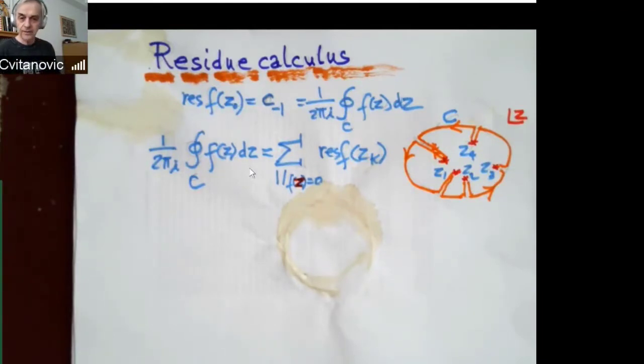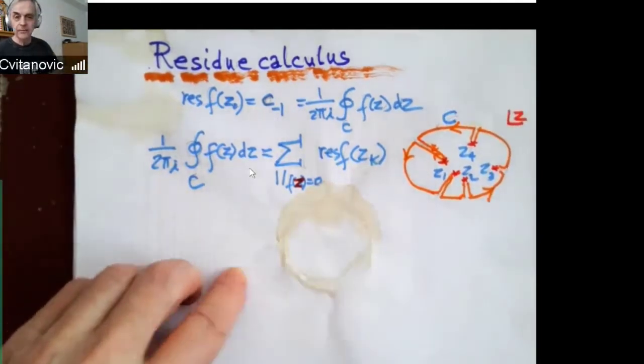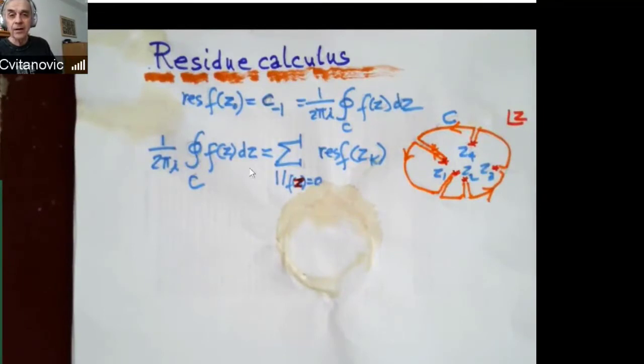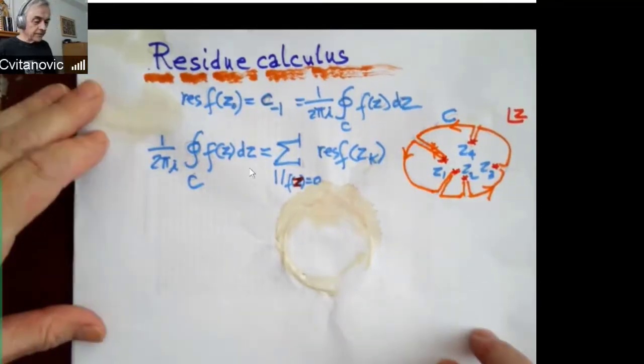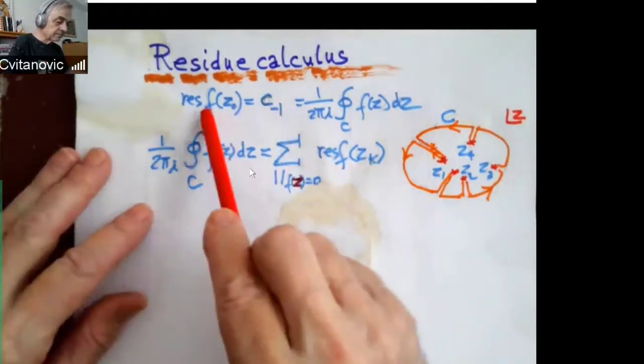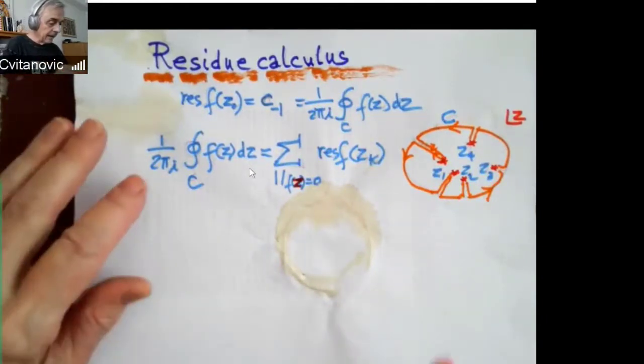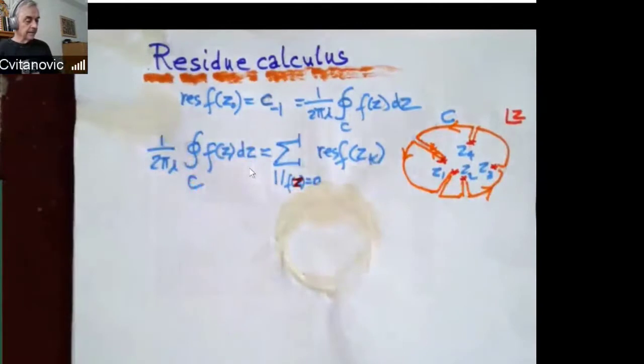So the strategy is always called residue calculus. As you can see, it requires a great deal of coffee. Now, the idea of residue calculus is that you take any function of a complex variable in a complex plane, and you pull out a simple pole or a multiple pole, meaning some power of an ordinary singularity of the function.